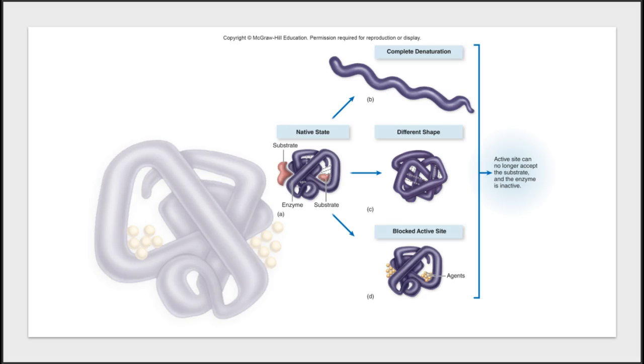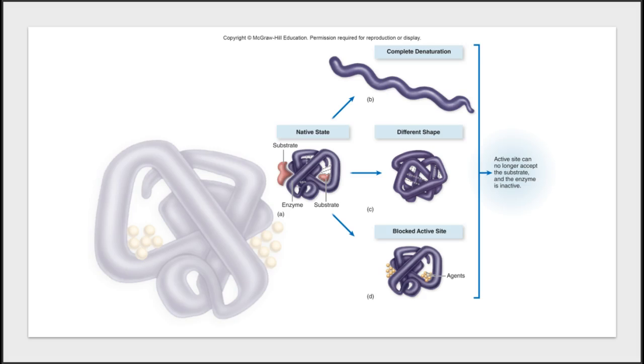There are three ways that chemical agents can target proteins and enzymes in cells and contribute to their inactivity. The first is complete denaturation. The tertiary and quaternary structure of that protein essentially falls apart. It's no longer folded in its native state.